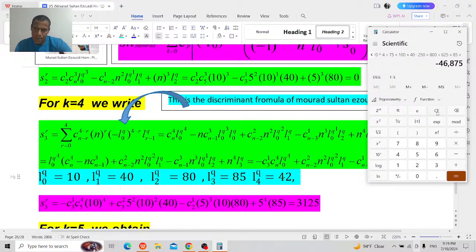I check again. We have negative 3 times 5 times 10 to the power 4, then plus 3 times 25 times 25 times 10 squared times 10 squared times 40, minus 2 times 125 times 10 times 80, plus 5 raised to the power 4 times 85.